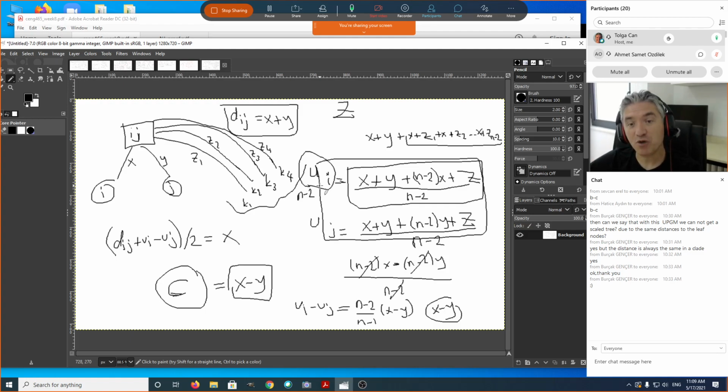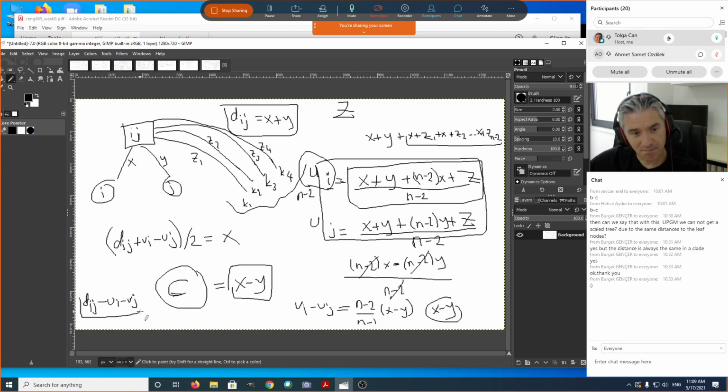For example, if for a particular node i you get a large value of ui, it means that node i is far away from the rest of the objects. So when you're trying to find a pair of objects to combine, we want this dij minus ui minus uj. So this is not this formula, this is something else.